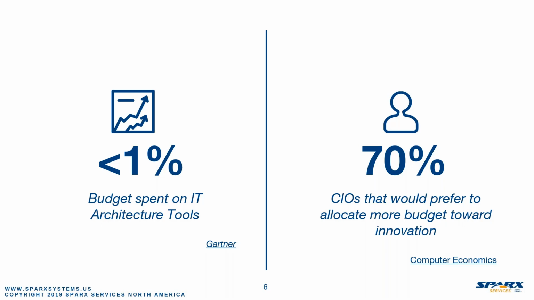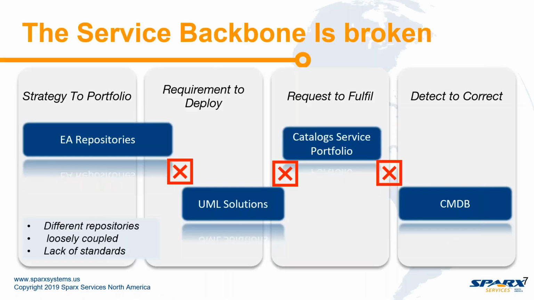But even if you spend money on IT and on IT tools, what is the challenge? The challenge is that the service backbone is broken. What you're looking at is a representation of the IT for IT value stream. You see how different repositories probably exist, but they are not connected.